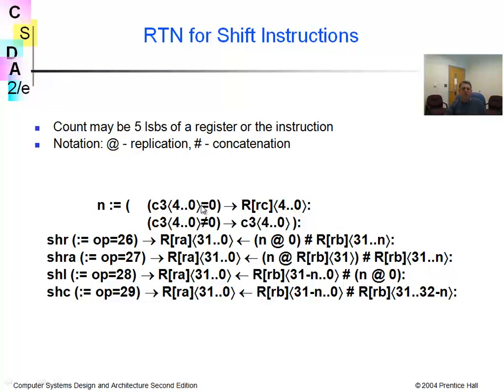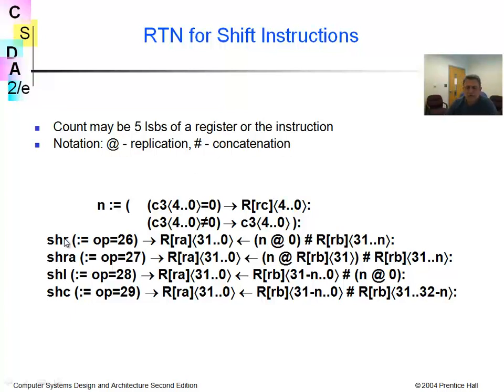If those are equal to 0, then the least significant 5 bits of ROR-C give me the value of n, the number of bits to shift. If the least significant 5 bits of the C3 field are a non-zero value, that number is the value of n.